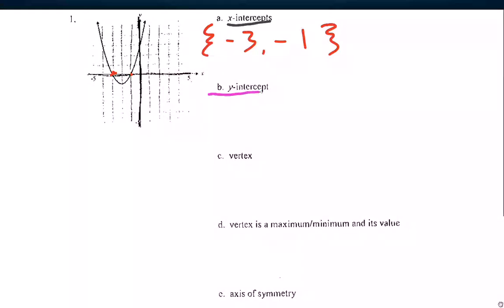My y-intercept, that's just where my graph crosses the y-axis, which is right there. So that would be +3. My vertex is my lowest point of my graph, and that is at the point -2, -1. I went left 1, down 1. The vertex has a minimum value.